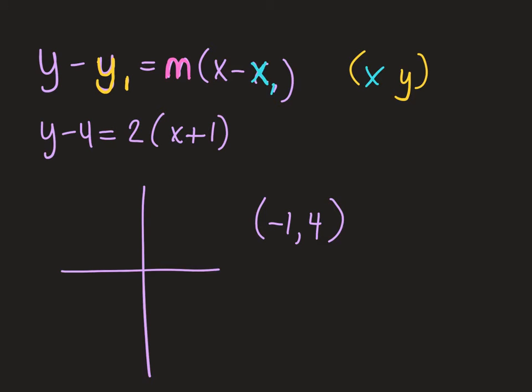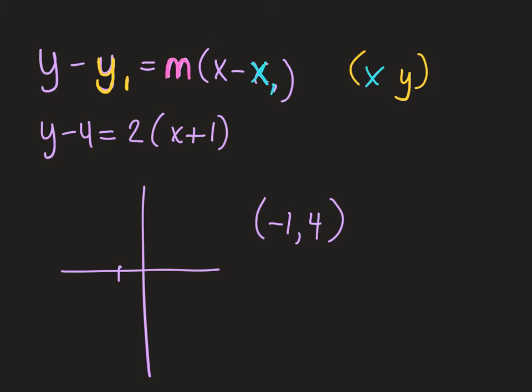Now you're thinking to yourself, are you sure that's really negative 1? This guy right here, who I said was my blue guy, is always the opposite sign of what it looks like. It looks like positive 1, so when you write the ordered pair, it's going to be negative 1. This looks like negative 4, so when you write the ordered pair, it's going to be positive 4. I know, it just seems weird.